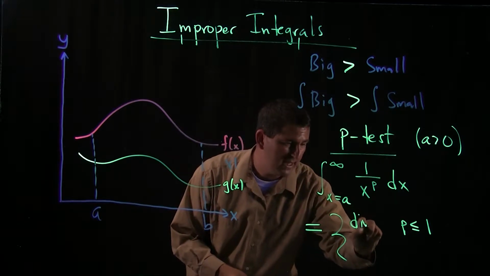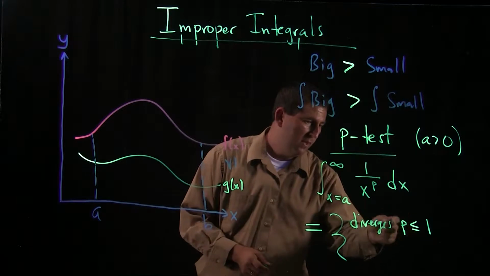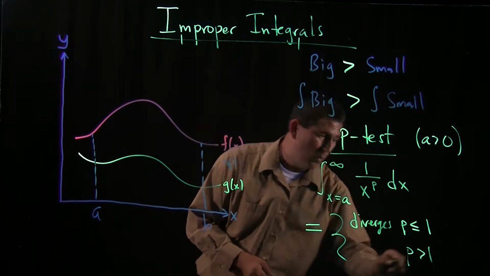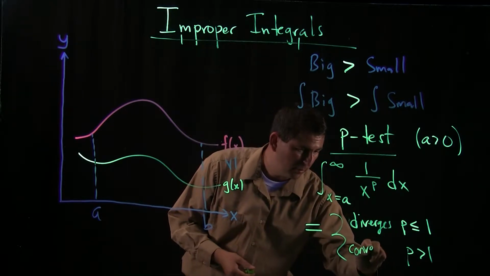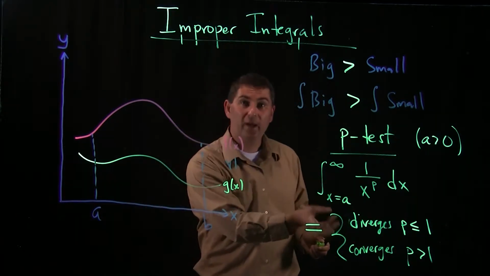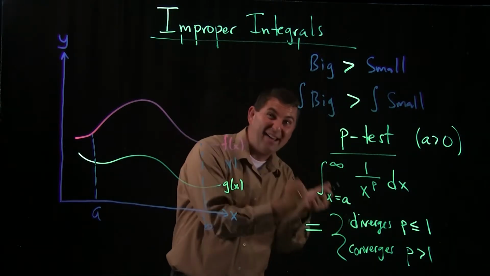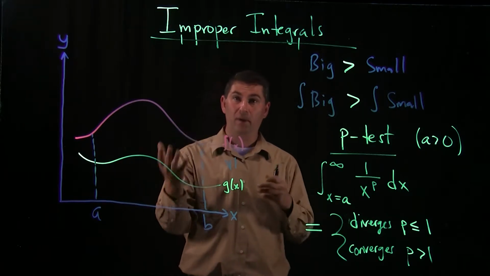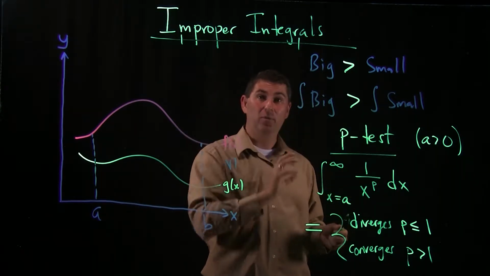We saw that when p equaled 1. And when p is greater than 1, as we saw, for instance, when p was 2, the integral converges. Now, you can work out exactly what it converges to in that case, but I'm not so interested in what exactly it converges to when I'm using the comparison test. I just need to know that I have something which doesn't get too big.